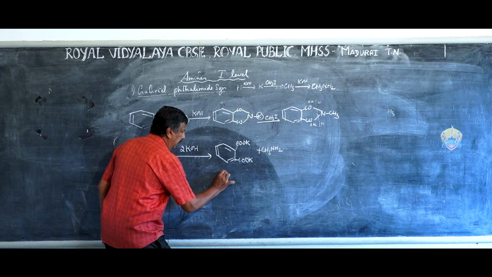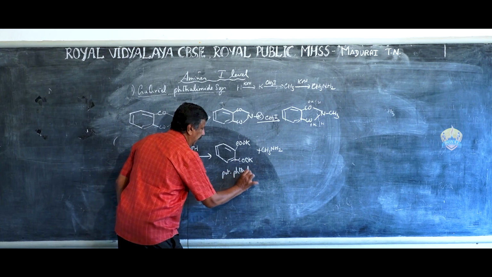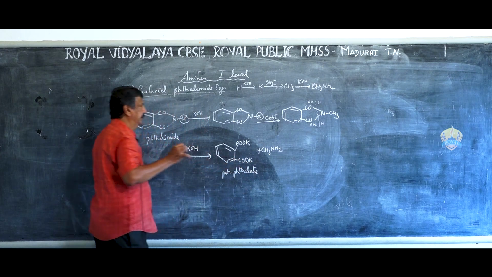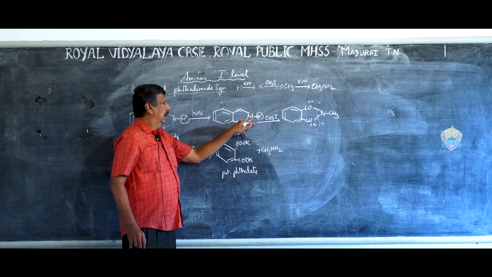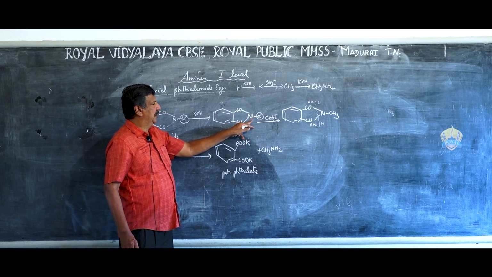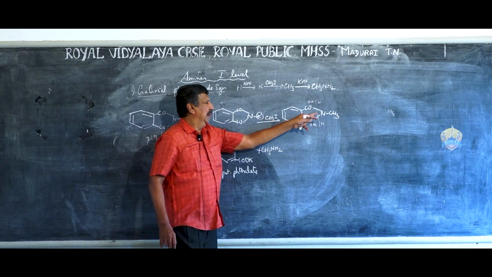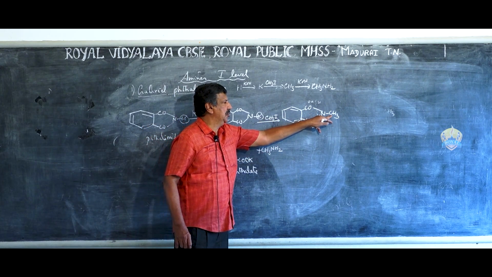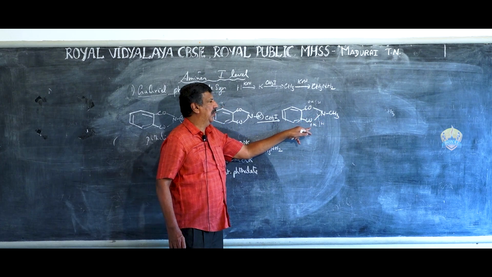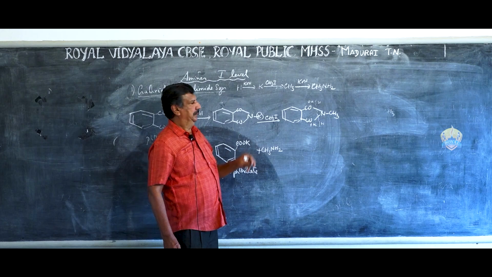That is potassium phthalate. The name is potassium phthalate. What is the name of this one? For this one, you can call it potassium phthalimide. Here, N-methyl phthalimide, because the methyl is attached to the nitrogen, so you should call it N-methyl phthalimide.